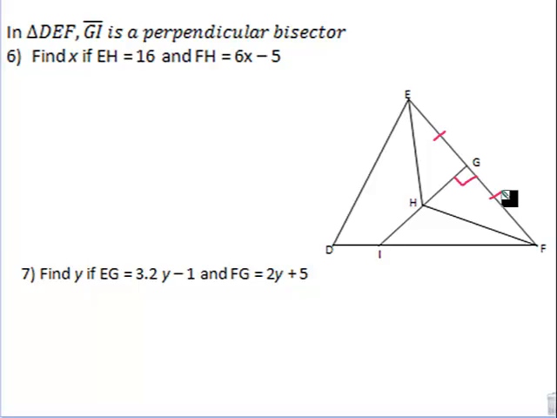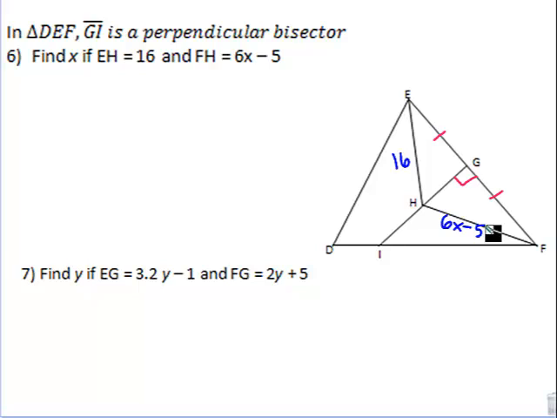So for problem 6, I want to find x if EH is equal to 16 and FH is equal to 6x minus 5. So I can label those on my diagram. So EH is 16, FH is 6x minus 5.